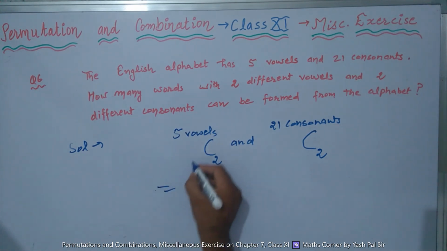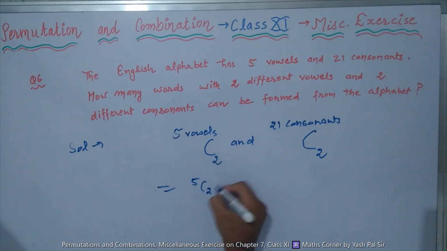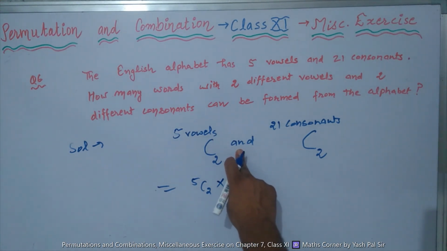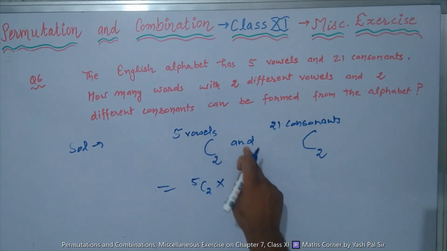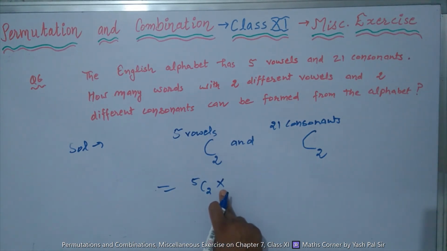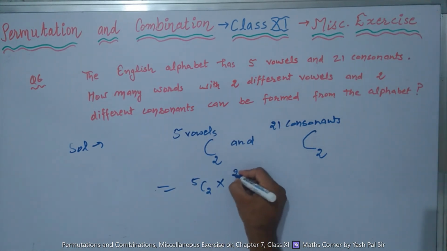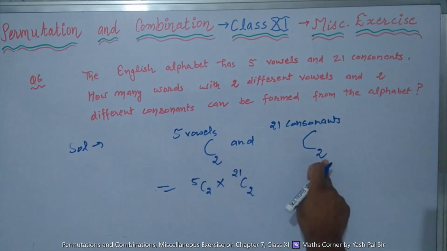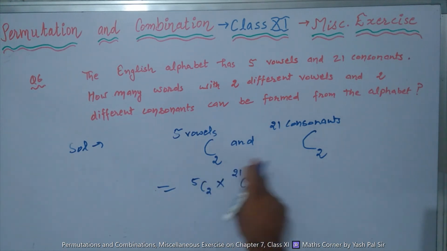That means 5C2 and 21C2. Okay, in permutation and combination we use the meaning of AND as multiplication.